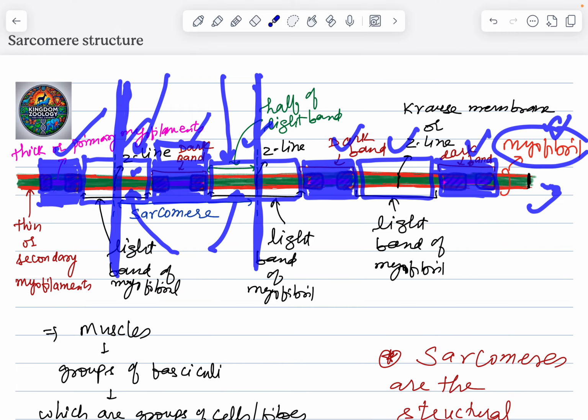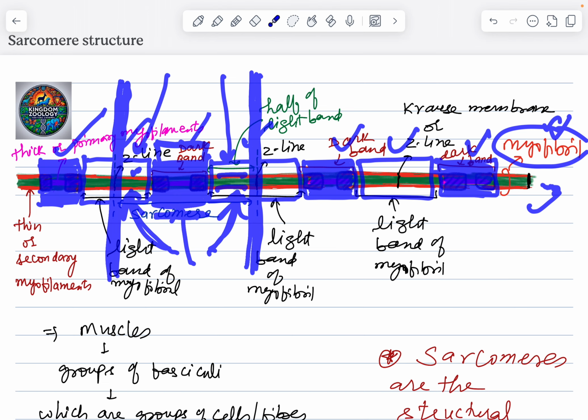If you look at this portion of the sarcomere, this is again light because there is only one type of protein over here, secondary. But if you look at the central portion of the sarcomere, this appears dark because over here we have both the types of proteins. In some areas on the periphery, and only one protein in the center, that is primary. So in the entire structure of the sarcomere now, there are half of the light bands on both sides, and in the center there is one full A band.